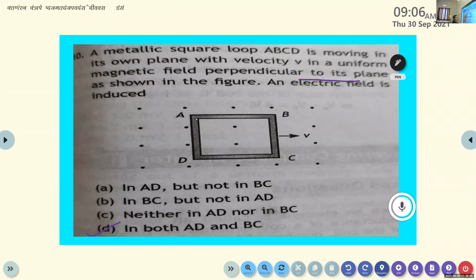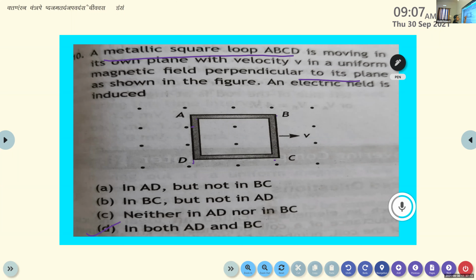Actually, this ABCD represents a metallic square loop. We know that inside a metallic square loop, the charge carriers are the free electrons. Free electrons behave like charge carriers.